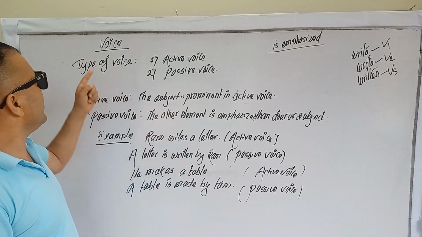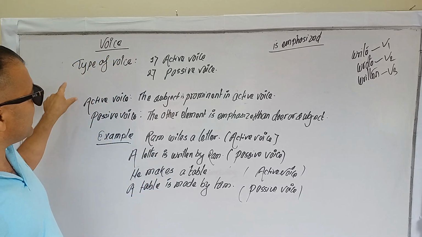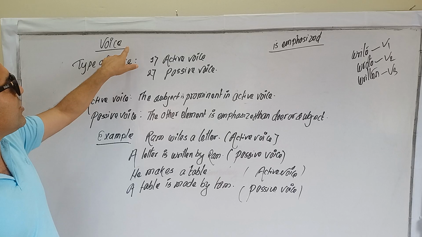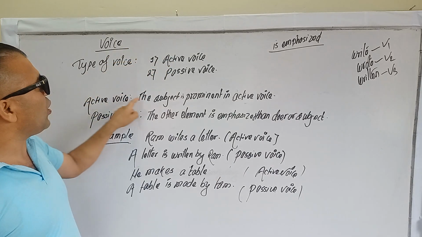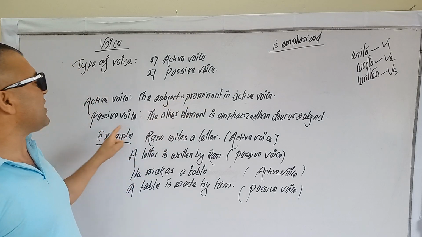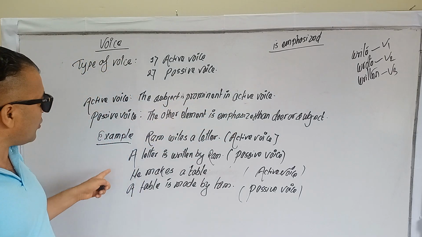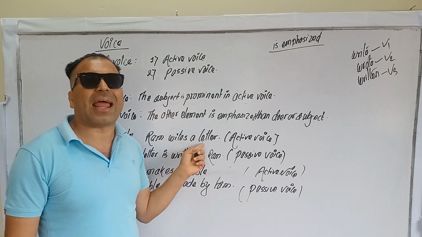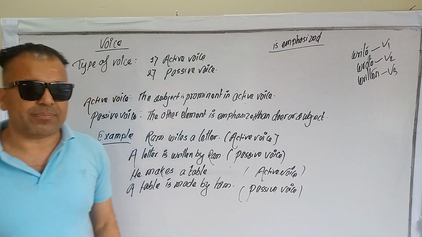Alright, so do you get it? Voice is of two types. In active voice the subject is prominent; in passive voice the other element is emphasized rather than the doer or subject. For example, Ram writes a letter is active voice. The letter is written by Ram.